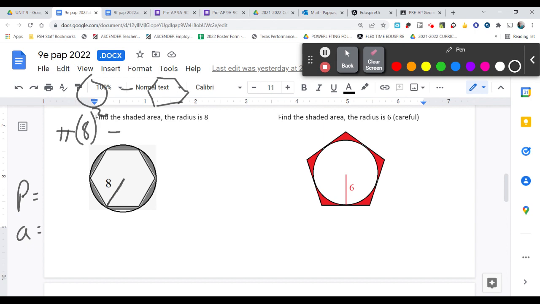And so we need to find a side length first, okay? If they give us the radius, what's the formula for side length? It should be more towards the bottom half of that page.